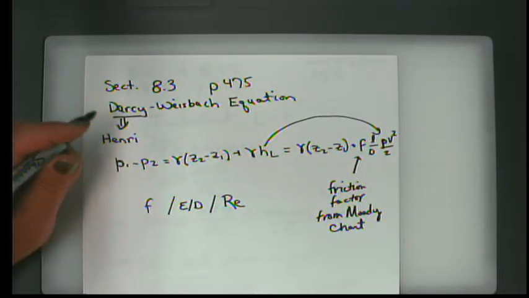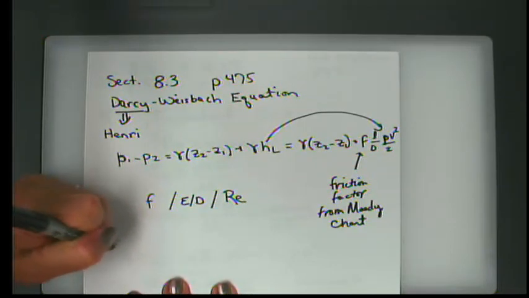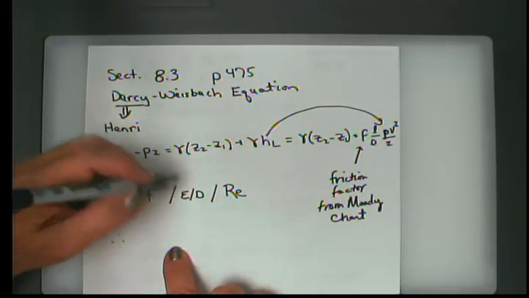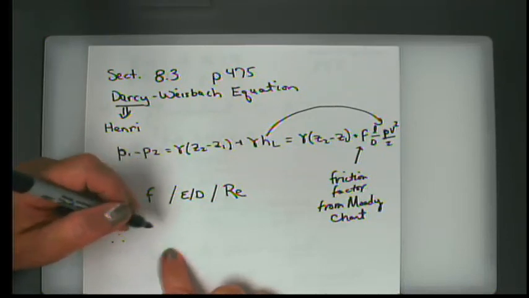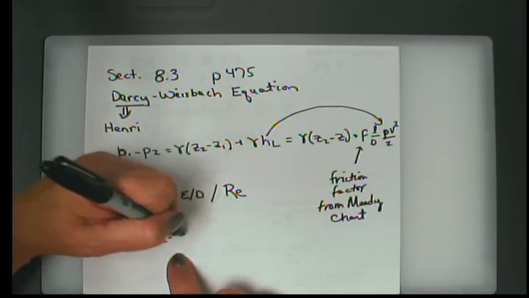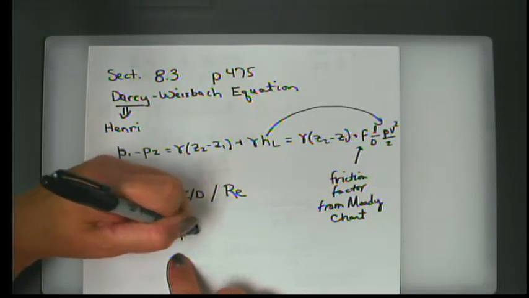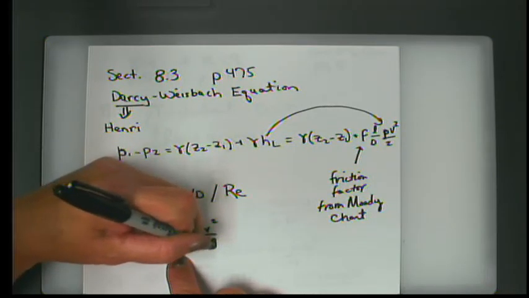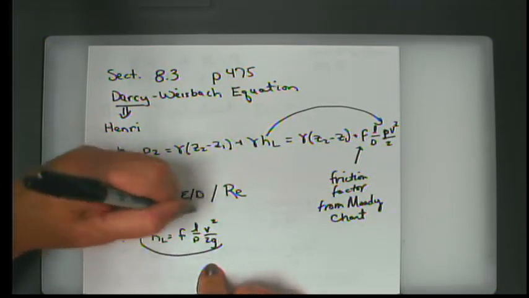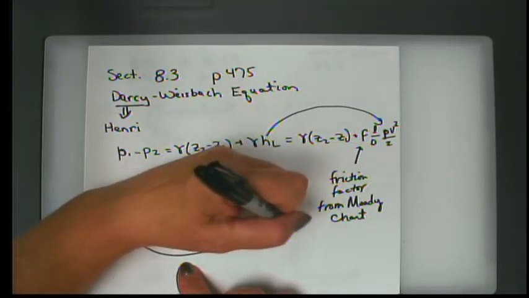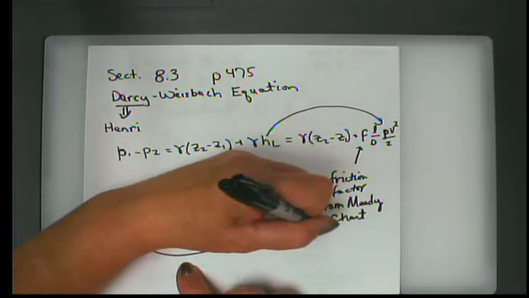But for now, what I would like you to get out of the Darcy-Weisbach equation is that if you have a horizontal or an inclined pipe, that the head loss for most types of flow is going to look like this. And this is going to be in feet. Okay? This is for a horizontal or an inclined pipe.